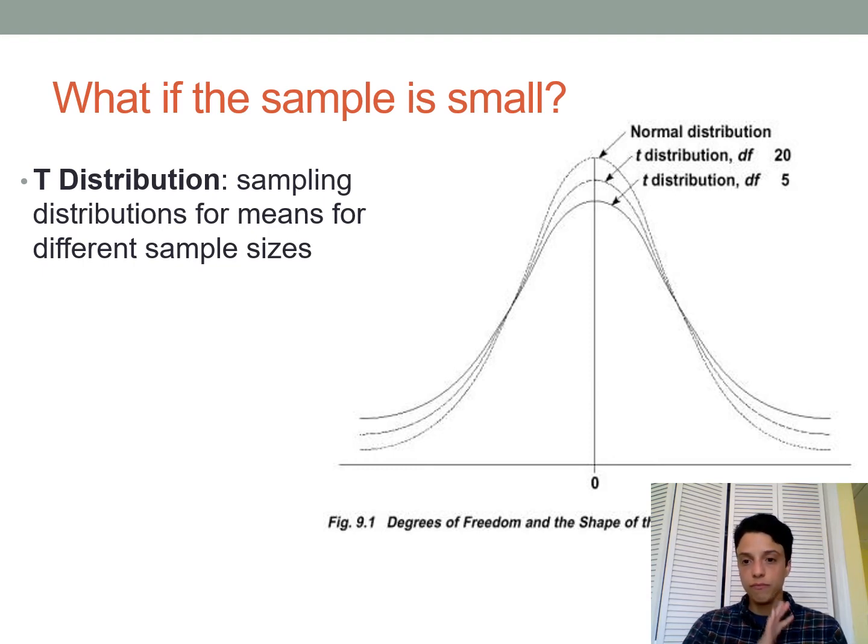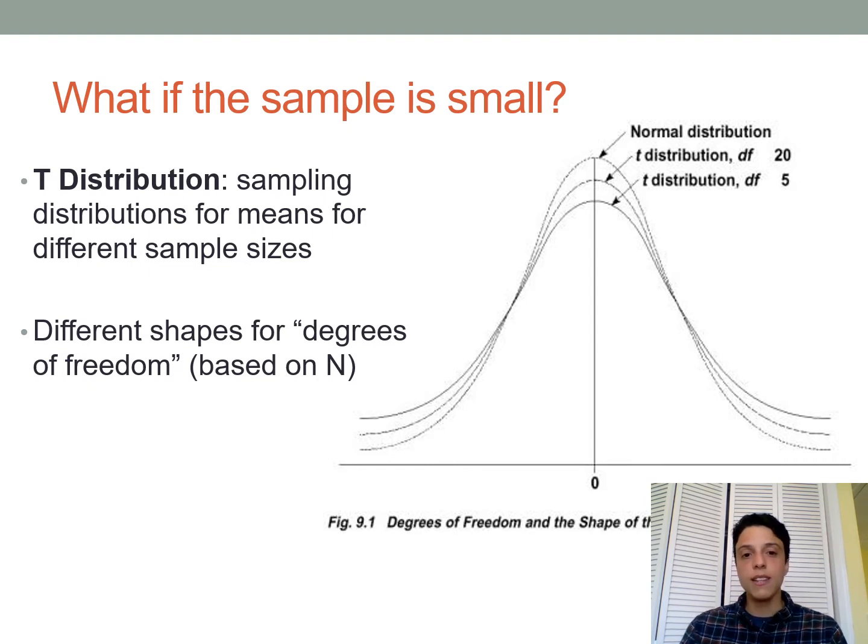And so, in other words, t-distributions are sampling distributions that reflect this estimated standard error. They show you the probability of getting different sample means when you're estimating the standard error. And they have different shapes for different sample sizes.